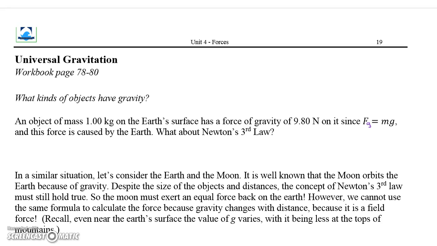So, something we know about gravity. If we have a 1 kilogram mass on the surface of the Earth, we can figure out that it has a force of gravity of 9.8 newtons because Fg is mg. We've talked about this multiple times, and this is the force caused by the Earth. But let's stop there and think about Newton's third law, which says there are equal and opposite forces in every situation.